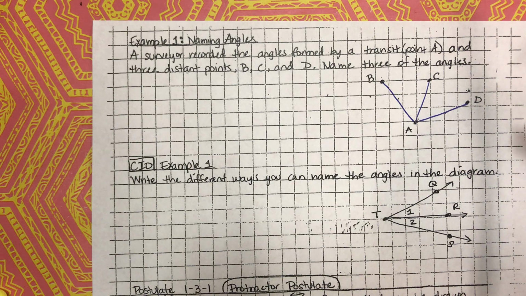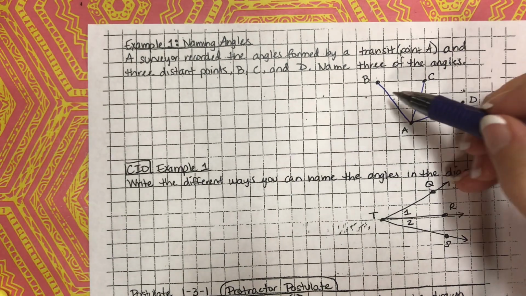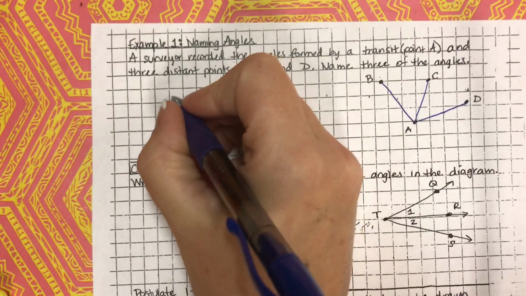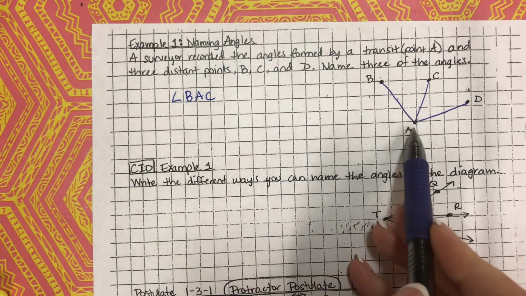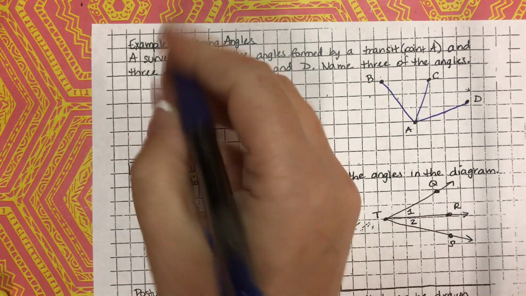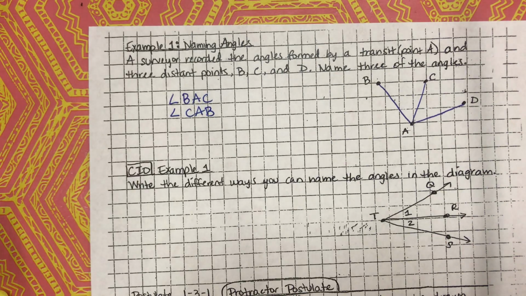So an angle that I see, and let's just go ahead and name a bunch, is BAC. So BAC, that would be one, or I could do the reverse, which would be angle CAB. All right, that would be one set.